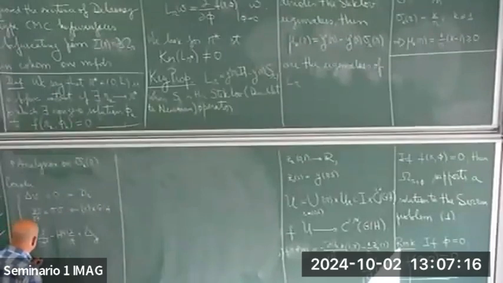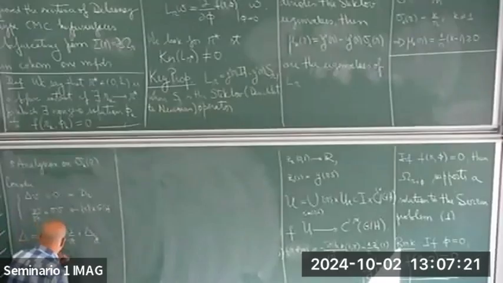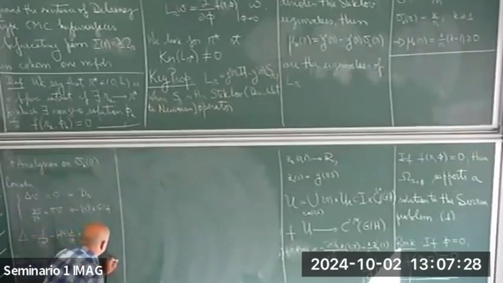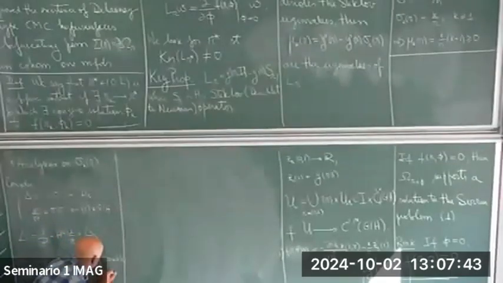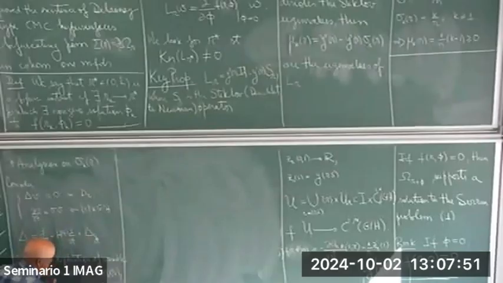we're using separation of variables. We can consider v as a function, and where this is an eigenfunction.